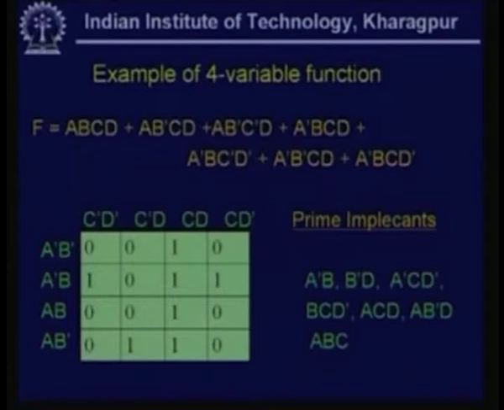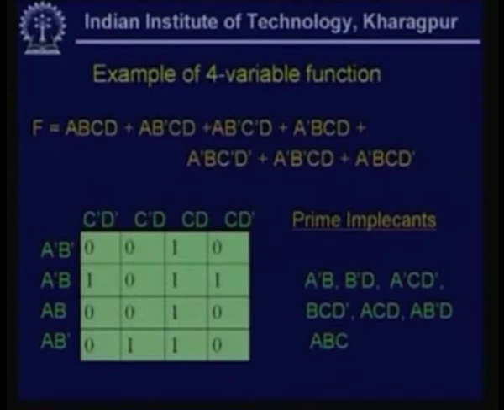So, for this couple it will be ABC, and if I take these as the couple, then it will be CD bar and B. So, this will be BCD bar. So, which one will I be taking?